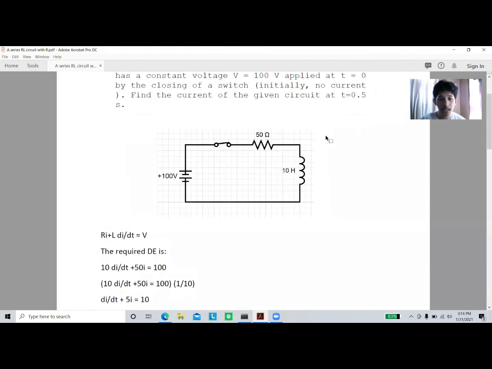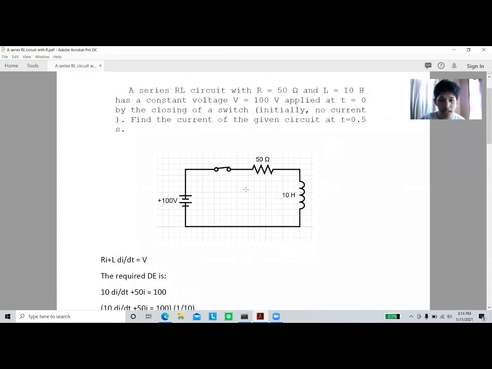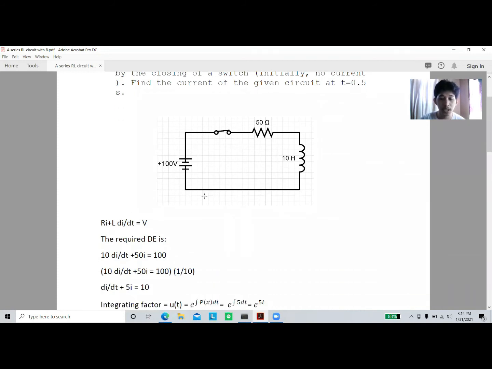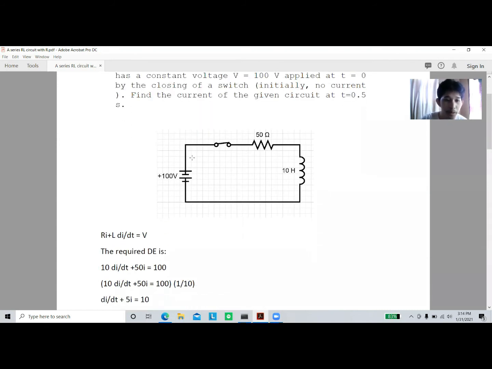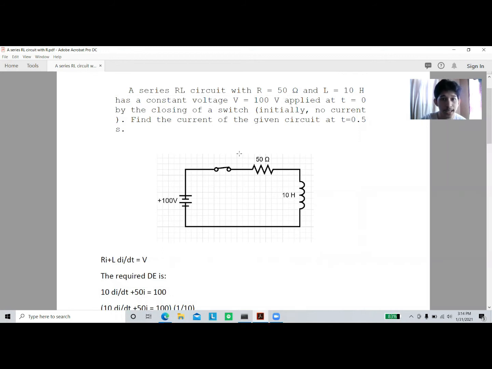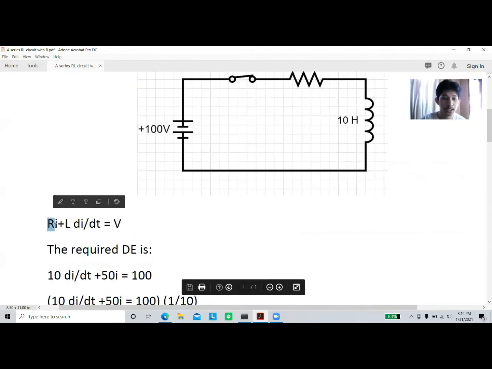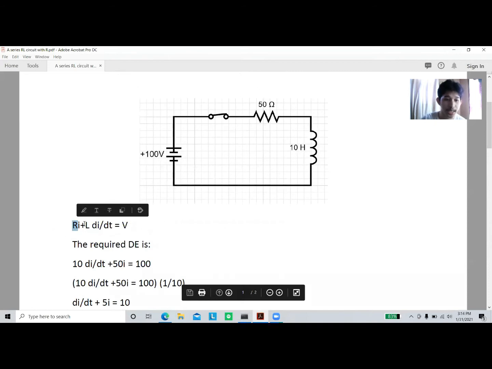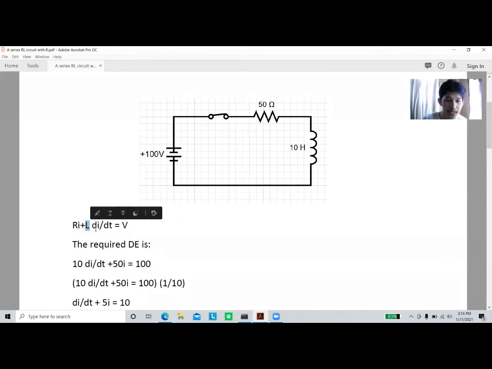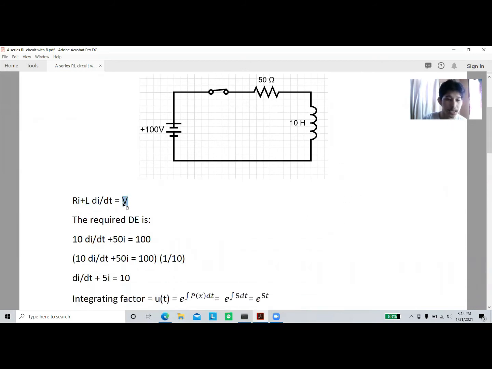So I already made the solution for this problem using the ordinary differential equation. So we all know that the equation in solving for the RL circuit is Ri plus L di over dt equals V, in which R is the resistance of the resistor in the circuit, L is the inductance, while V is the voltage applied in the RL circuit.